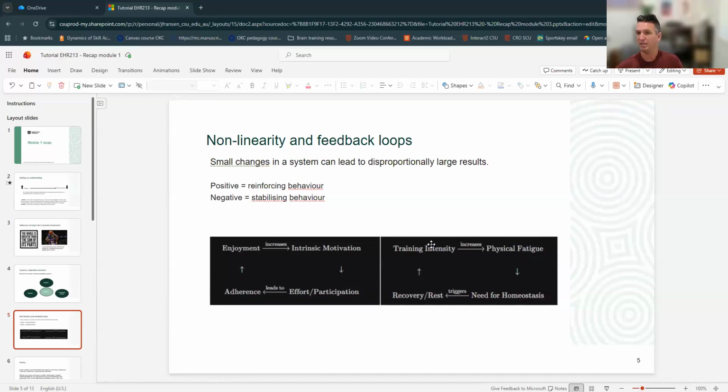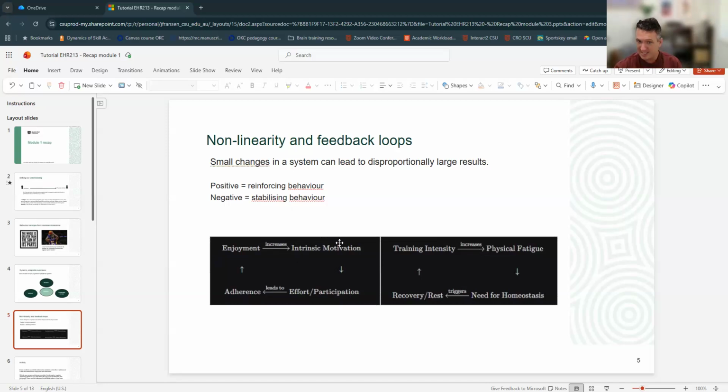That gives you the opportunity to figure out, well, what is the thing I can intervene in that requires the smallest amount of resources, but has the greatest effect at the back end. In the same way, if you wanted to decrease someone's intrinsic motivation, you could also understand which part of the feedback loop you would have to intervene in.